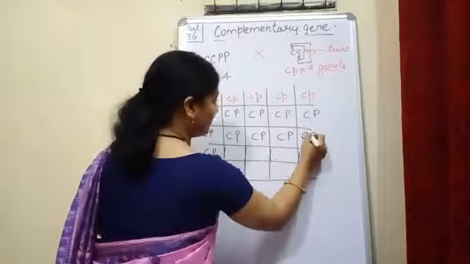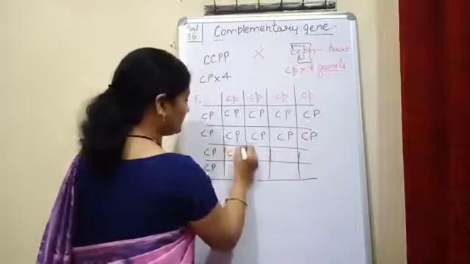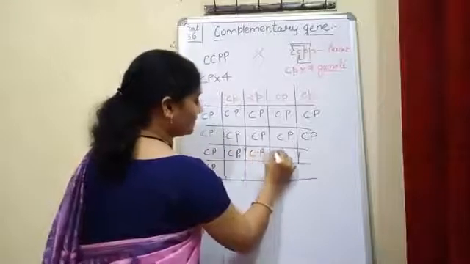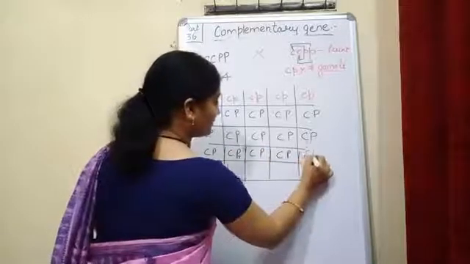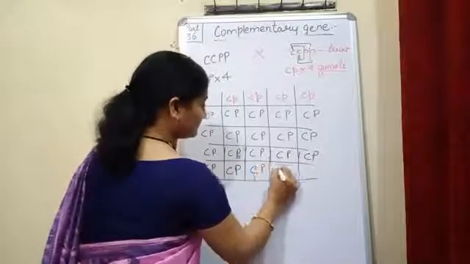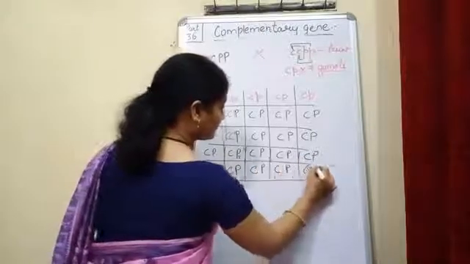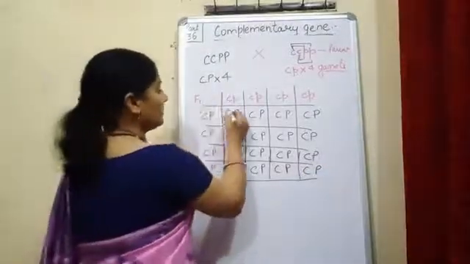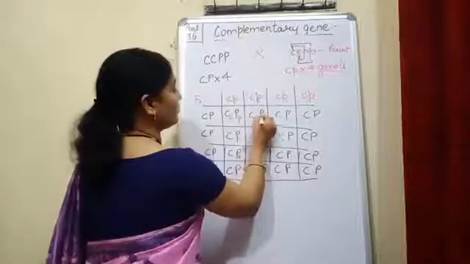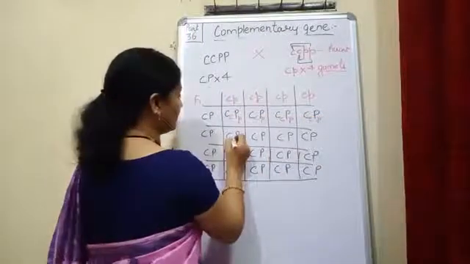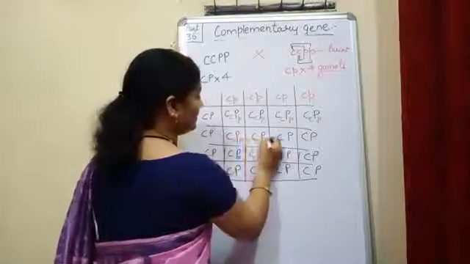Capital C, capital P. Then C and P. Now, this will be crossed with this small c, small p, small c, small p, small c, small p, small c and p.